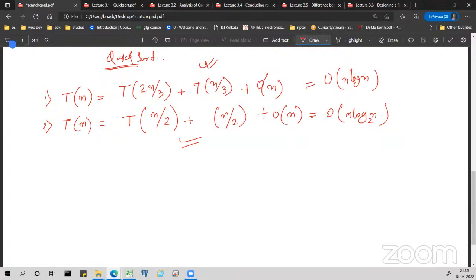Because we were dividing by 2. Basically, this complexity we can write as order of n log n, with base 3 by 2. Sorry, mistake, it should actually be 3 by 2.